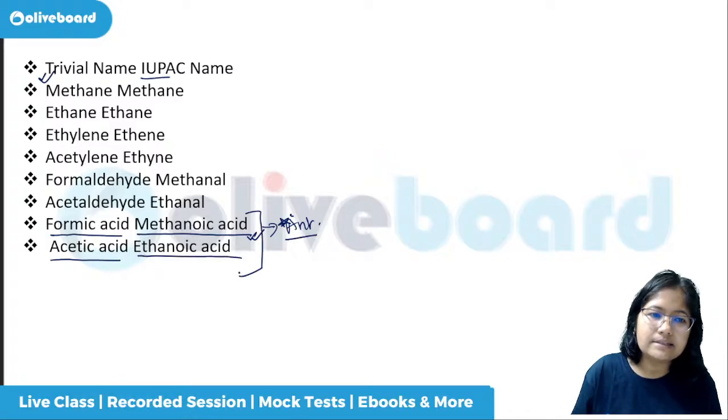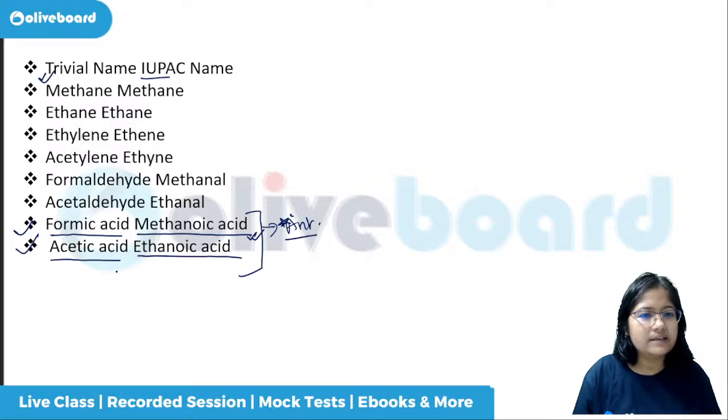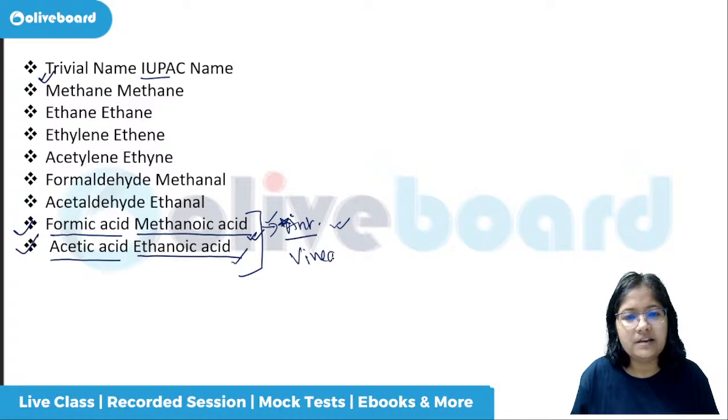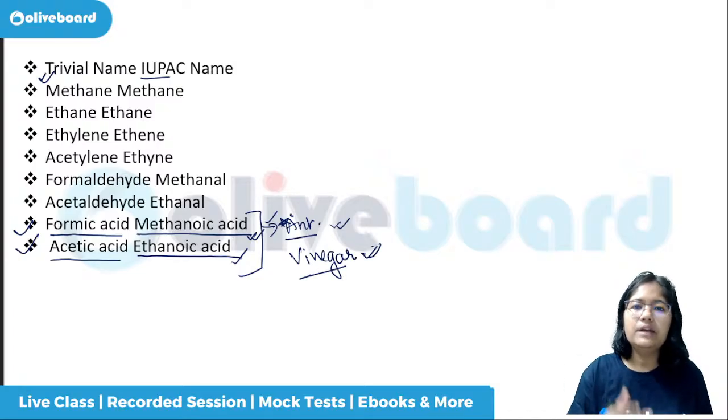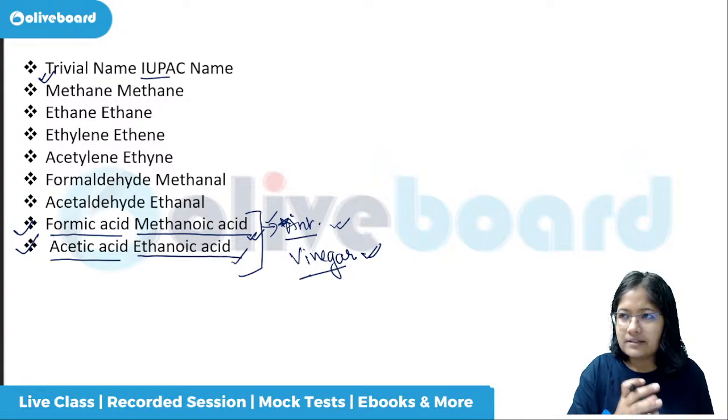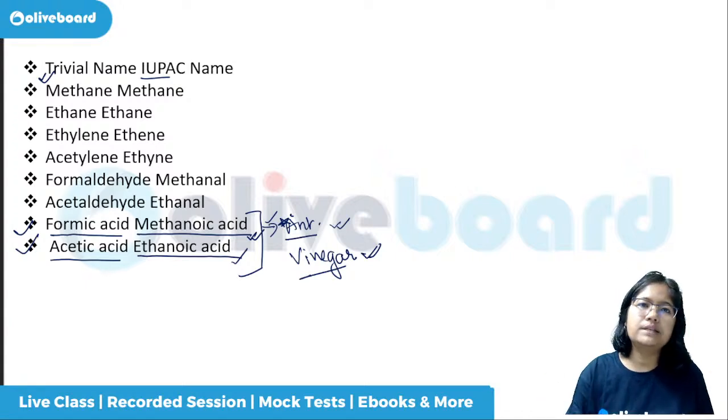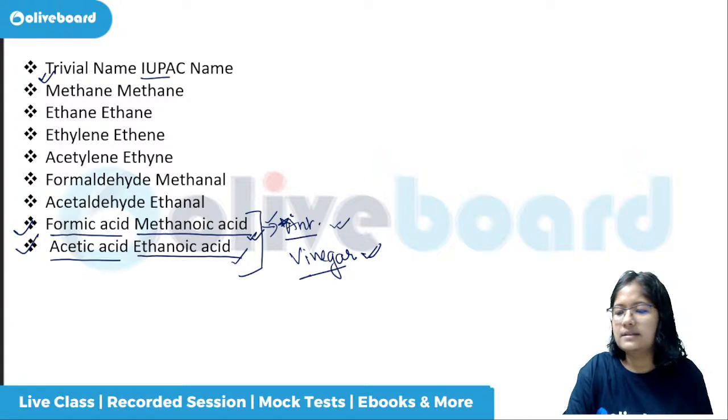For this class, I'll be taking up only these two, formic acid and acetic acid. Formic acid is methanoic acid, and it is present in ant bites. Acetic acid means ethanoic acid, and it is present in vinegar. Don't try to learn all the facts in one go. Fact learning keeps on progressing as you progress in the classes ahead.